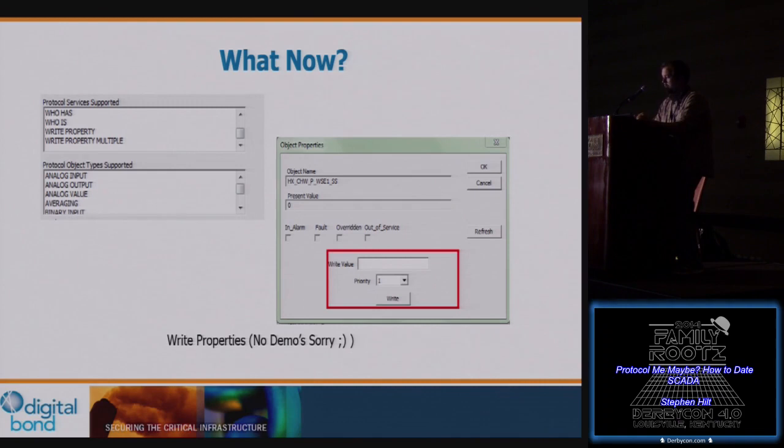This one's supporting writes. And you can see that in the browser that I was using, there is the write button, so you change the 0 in that field to 1, 1000, whatever. Sorry, we're not actually going to demo me changing those.